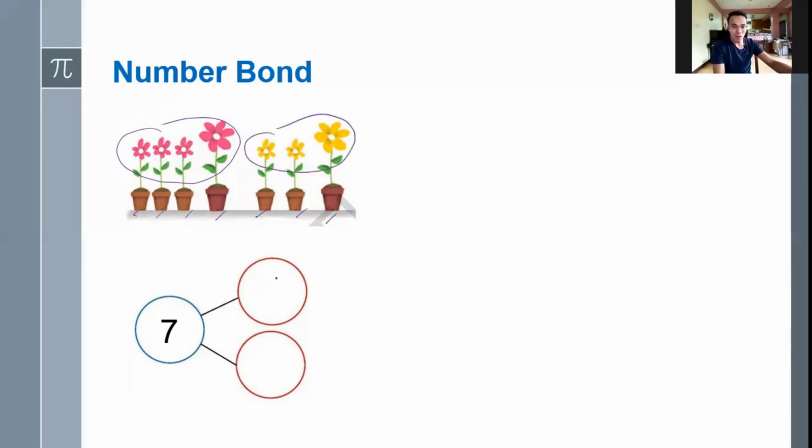So we write 4 in one part and 3 in the other part. 4 and 3 make 7. Can you think of other 2 numbers that make 7? You can tell me during our Zoom session.